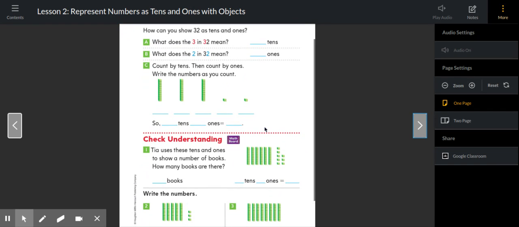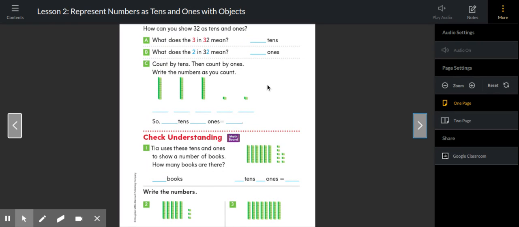All right, now step by step, we're thinking about the number 32. How can you show 32 as tens and ones? The 3 means that there are 3 tens. The 2 means that there are 2 ones. So let's look at the picture they've given us. Count by tens. So we have 10, 20, 30, stop.